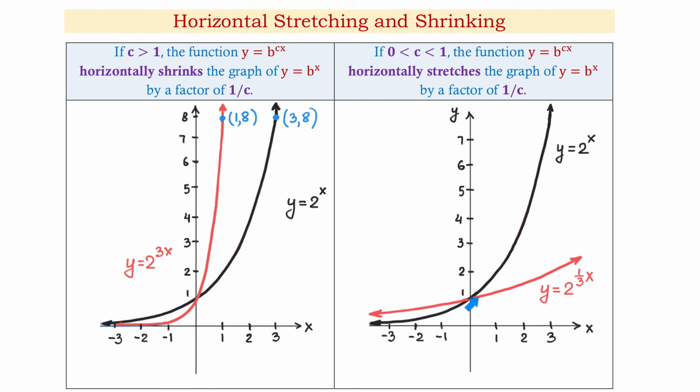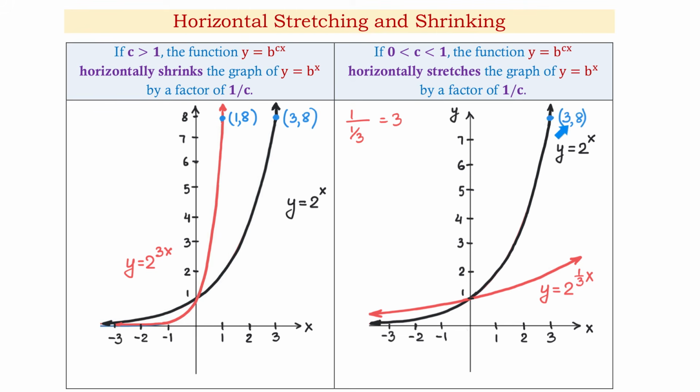This new function is stretched horizontally, therefore this function is wider. We can say that this graph is obtained by horizontally stretching the graph of y equals 2 to the x power by a factor of 3. And that is because when this c is 1/3, then 1 divided by 1/3 is 3.